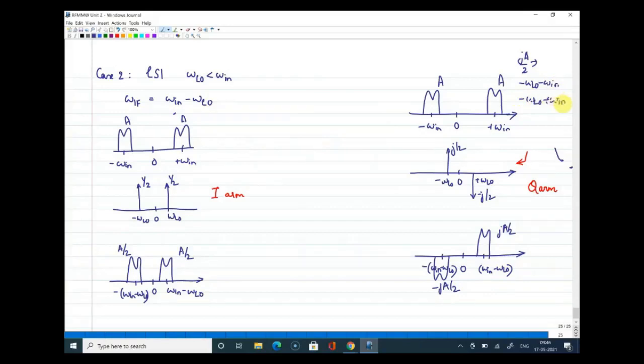So the remaining is the other two. Next is omega LO minus omega in and omega LO plus omega in. You will get these two frequency terms when you perform the operation with the impulse at omega LO. That will result in the amplitude of the IF component as minus jA by 2. Which component? Omega LO minus omega in. All right.